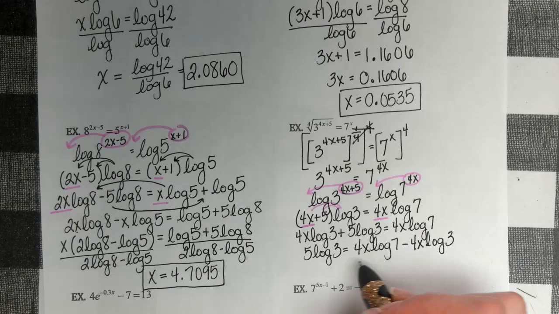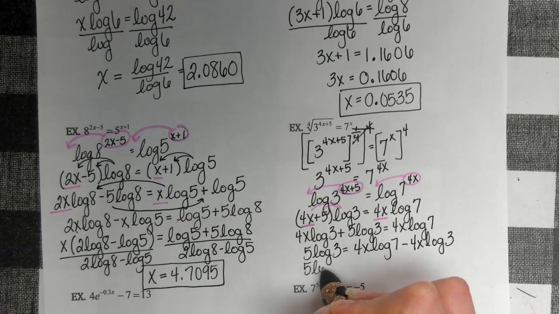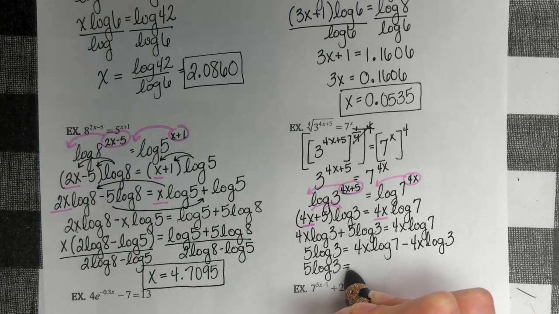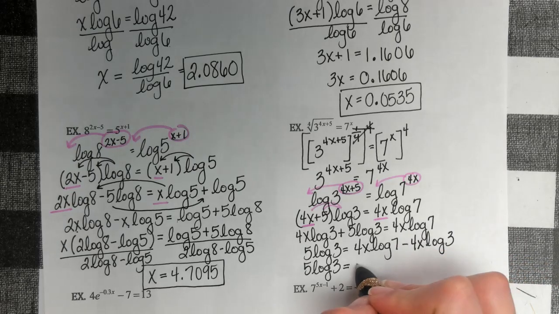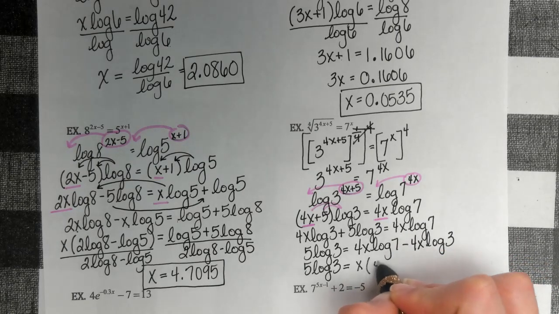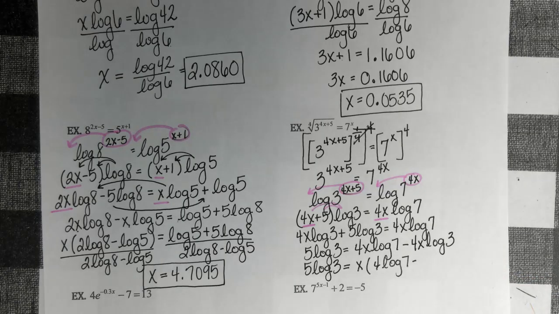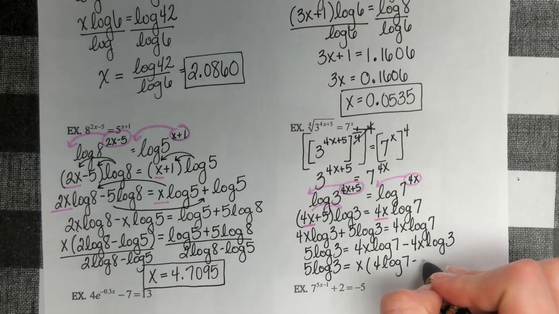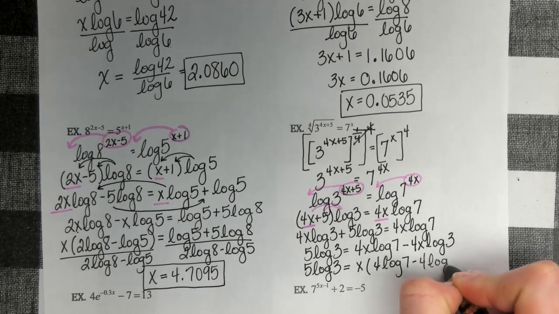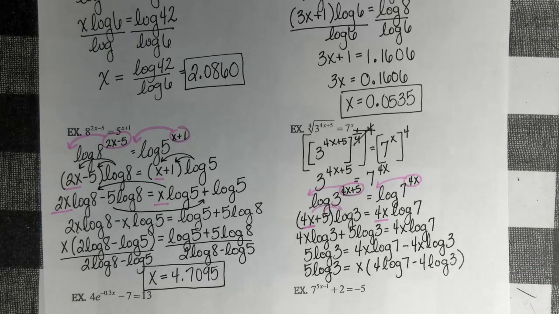Okay? Now I'm going to factor out an x. That leaves me with 4 log of 7, because you're going to end up dividing by 4 again. So I just want the x by itself. And then 4 log of 3. If you do the 4x because you see it, that's fine. Just know you'll divide twice.